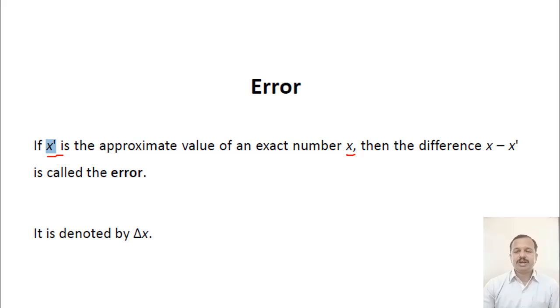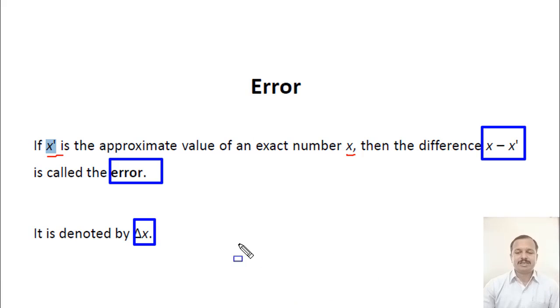If we consider the numerical difference of x and x dash, that is, if we consider x minus x dash, then that value is called as error. So error is nothing but the difference between exact and its approximate value, and it is denoted by delta x. So the notation for error is delta x.